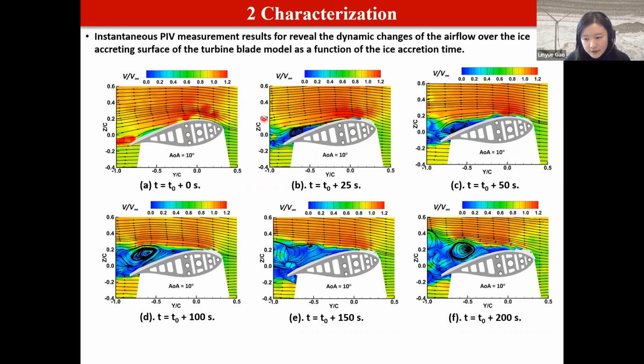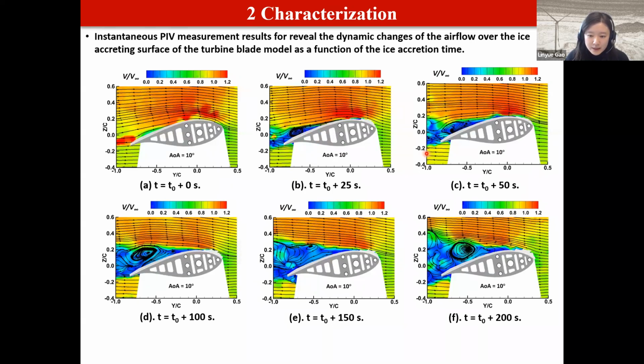And shortly after the ice accretion process starts, ice structures were found to create over both the upper and lower surfaces of the test model. The irregular-shaped ice structures created over the suction side of the airfoil surface could affect the development of the boundary layer flows over the test model significantly, which results in air flow separation over the airfoil surface near the airfoil trailing edge, as you can see here.